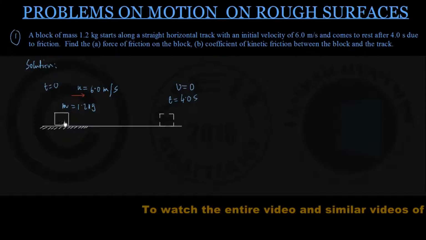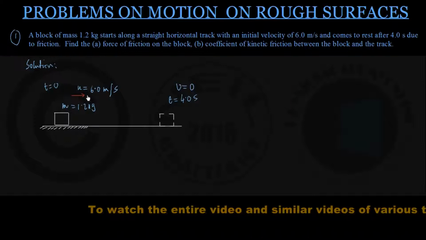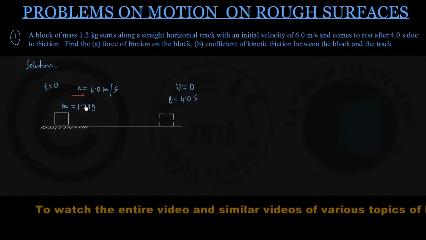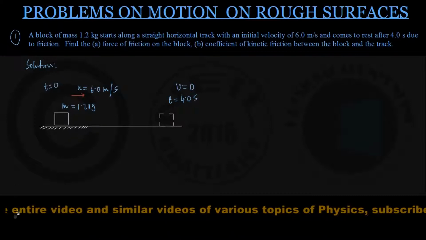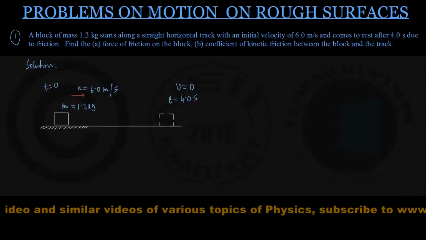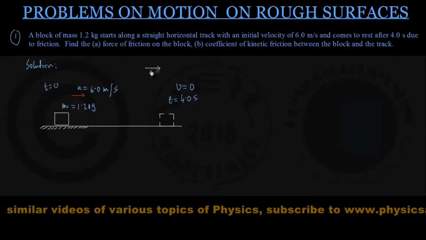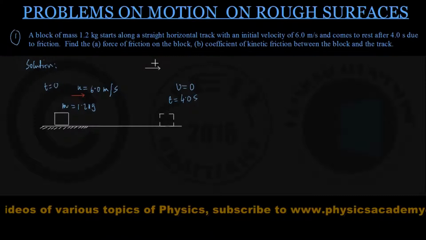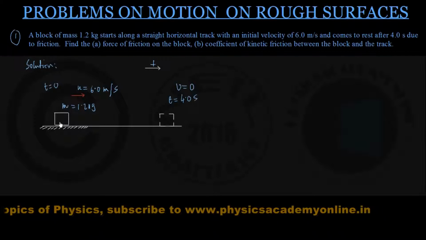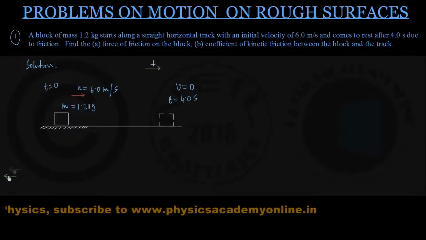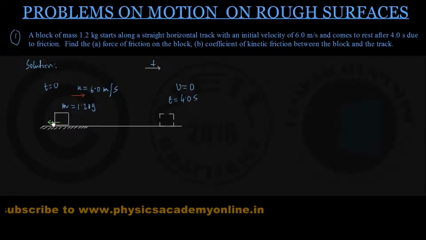See, as the block is given the motion with u as 6 meters per second, they have not mentioned any propulsive force. It only means the only force acting on the block during its motion is nothing but the frictional force given by the rough floor.